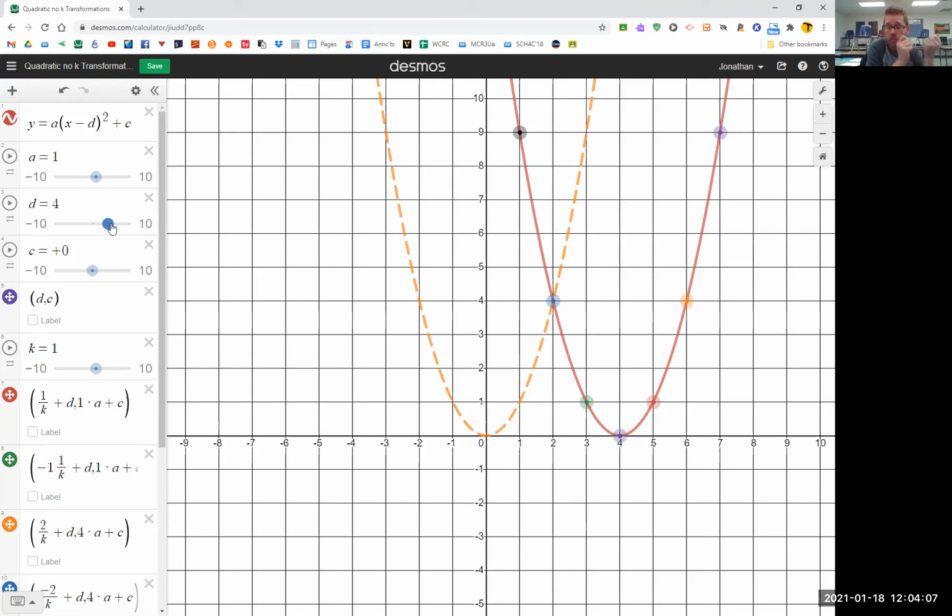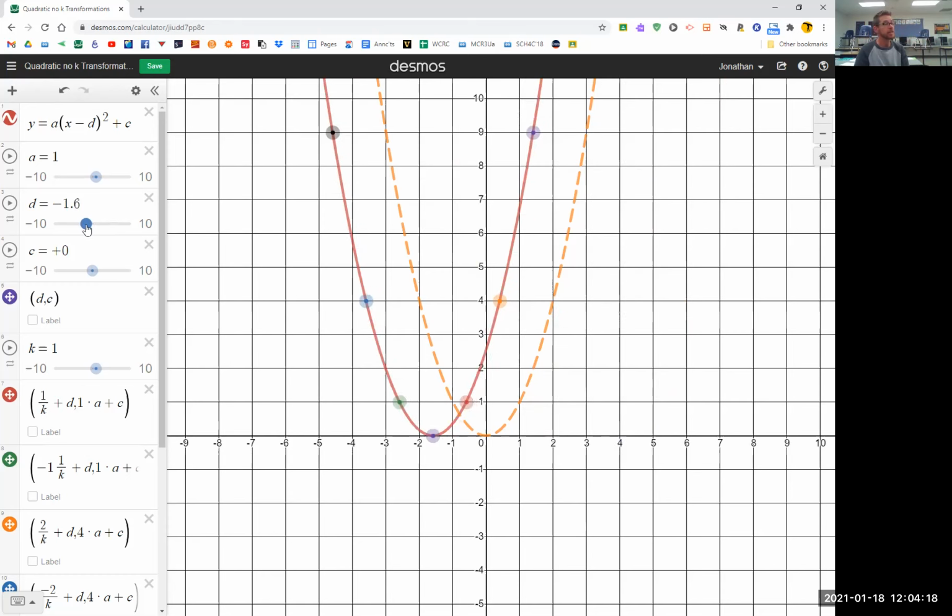Notice that in the equation, when I put in D equals 4, it's going to read x minus 4, but I'm actually putting in a positive D value. When I slide it back and make D equals -5, this thing is sliding to the left. So D and C translate the graph left and right, up and down.